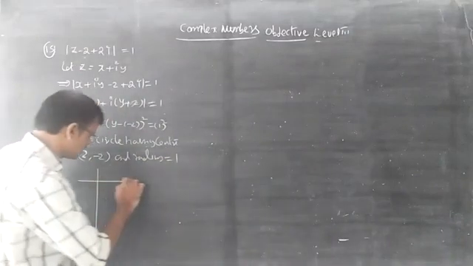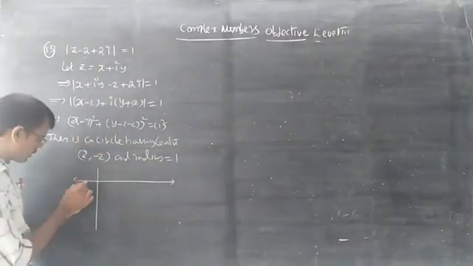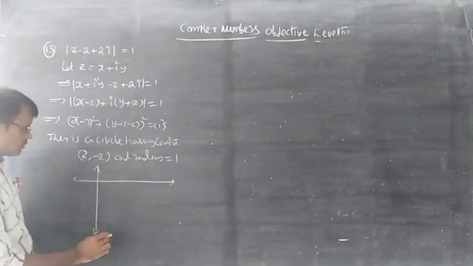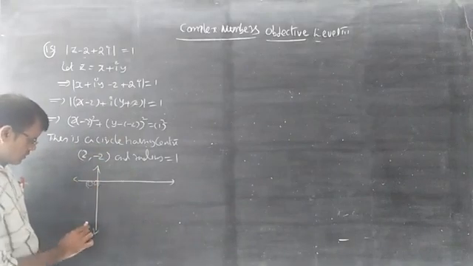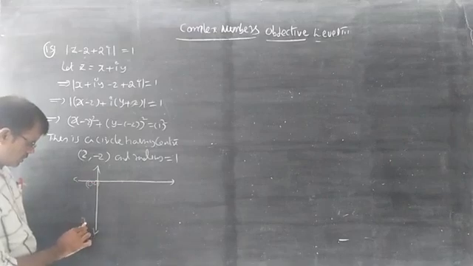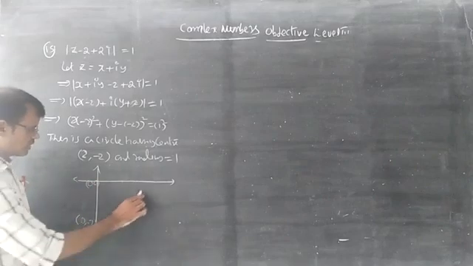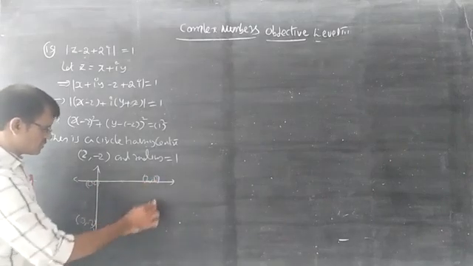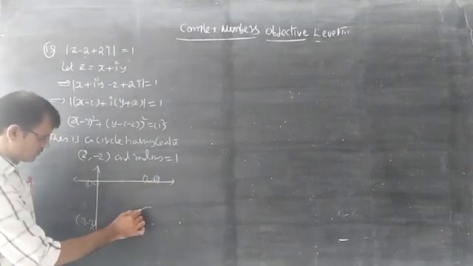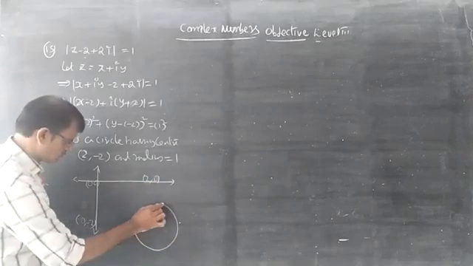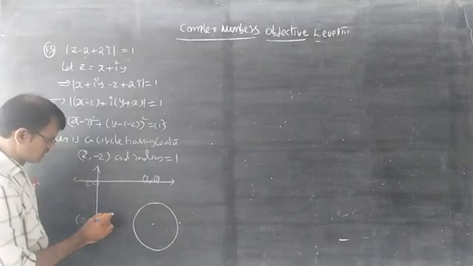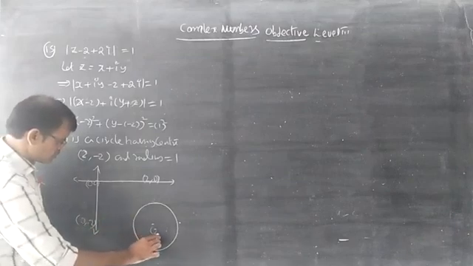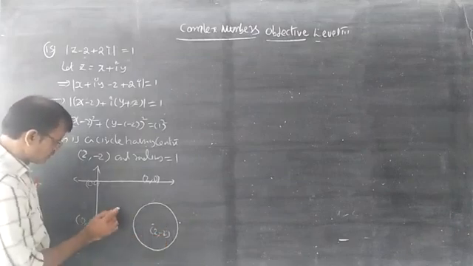Draw a diagram like this: this is 0 comma 0, this is 0 comma minus 2 on the negative side, this is 2 comma 0, and this is the center, 2 comma minus 2.